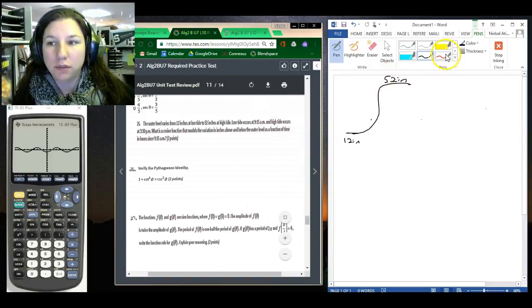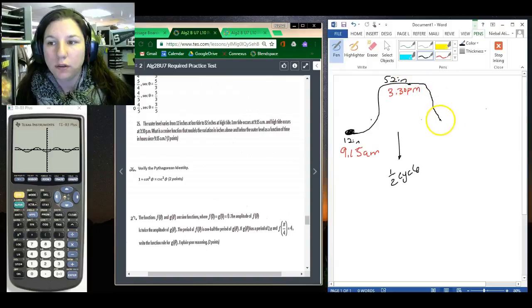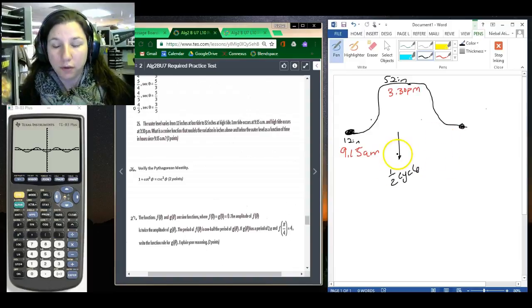So it says that happens from 9:15 a.m. to 3:30 p.m. But hopefully you'll notice that that's just half a cycle. Because a full cycle would be getting back to where it started. So whatever we get for this time, we need to multiply it by 2 to get a full cycle.